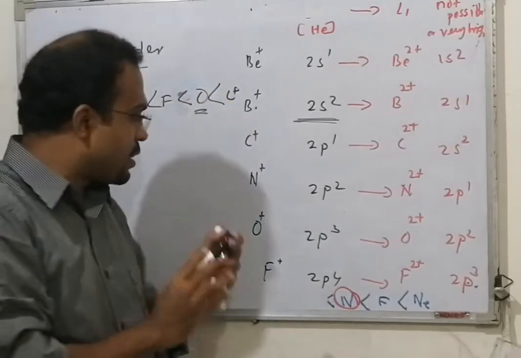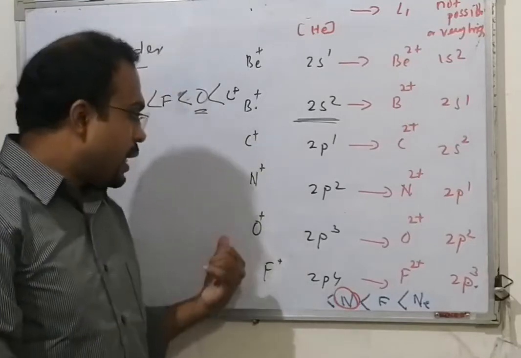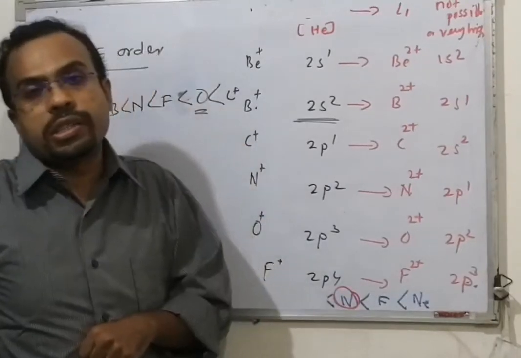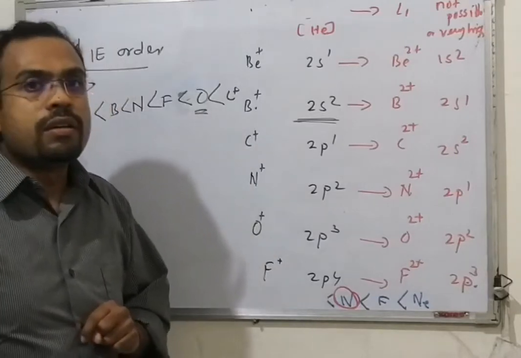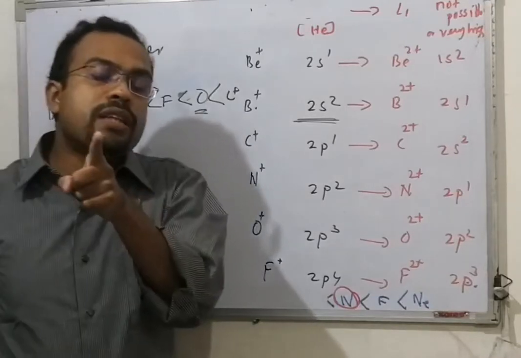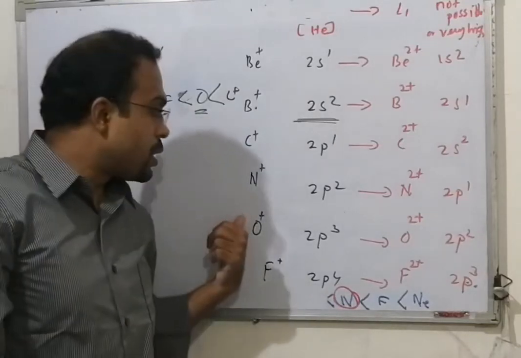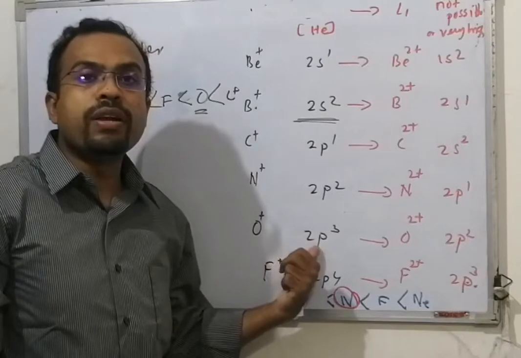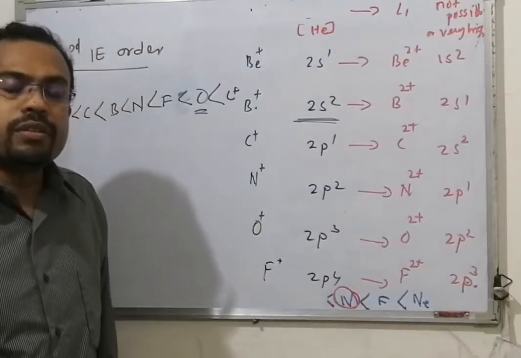Why is the second ionization energy of oxygen greater than that of fluorine? Because in the second ionization energy, you have to take the electronic configuration of oxygen plus. That oxygen plus has a half-filled configuration.